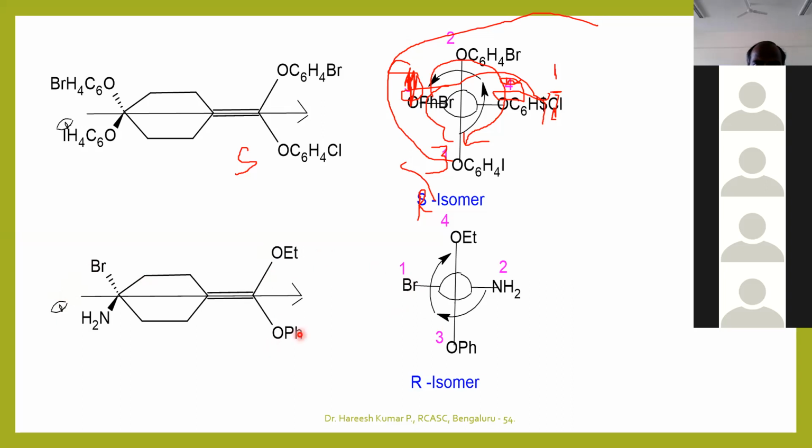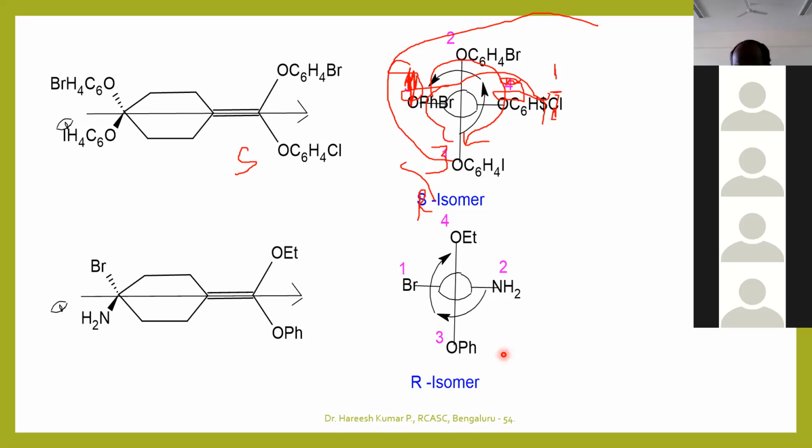OEt is here, O-phenyl is here. The nearer groups take the first priority, so this is 1 and this is 2 because of high molecular weight. Between the other two, the phenyl group takes the priority, meaning the phenoxy group. Then the movement from 1 to 2, 2 to 3 means it's an R configuration.